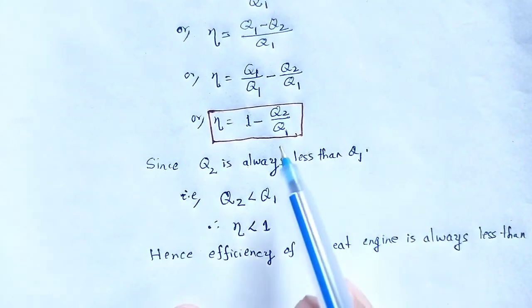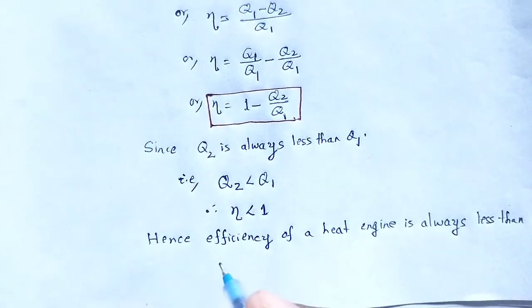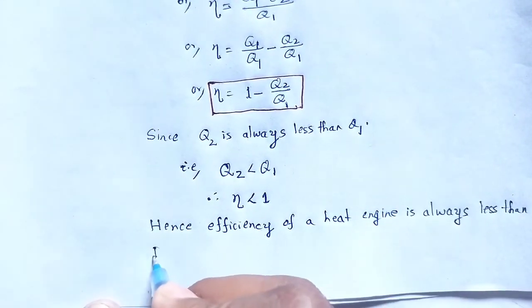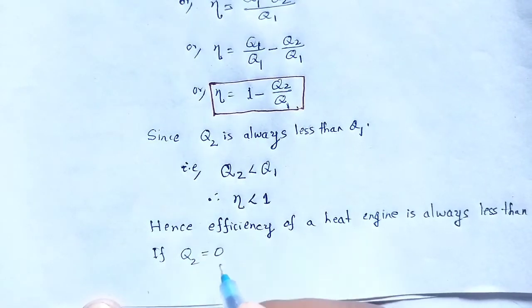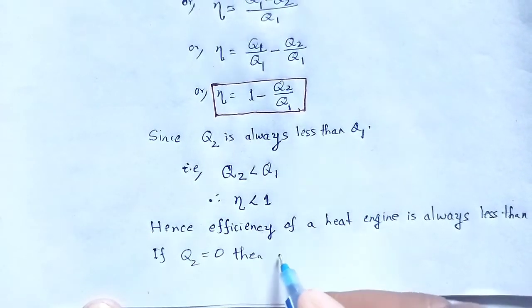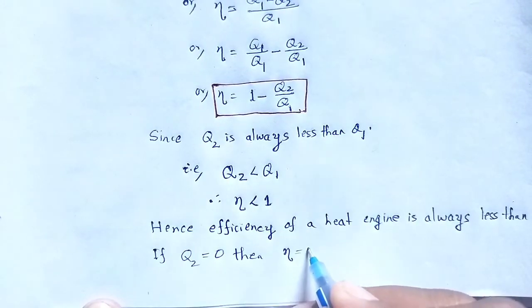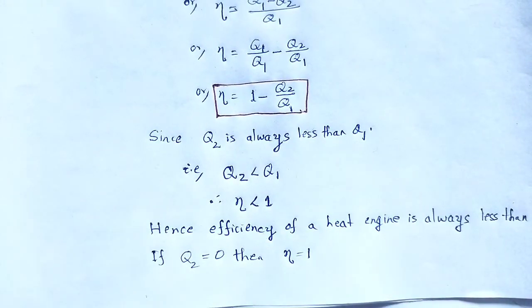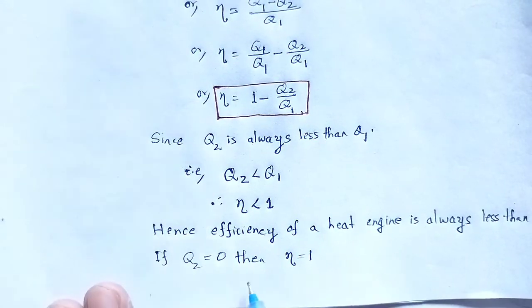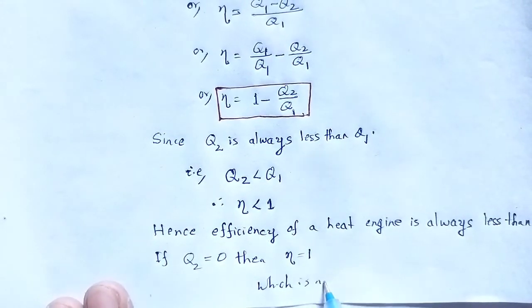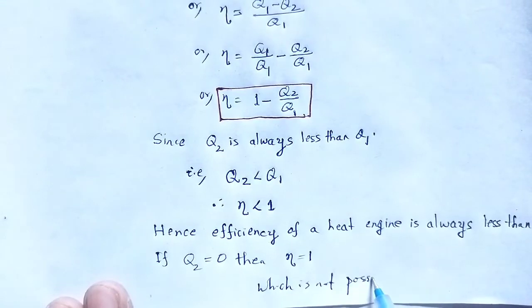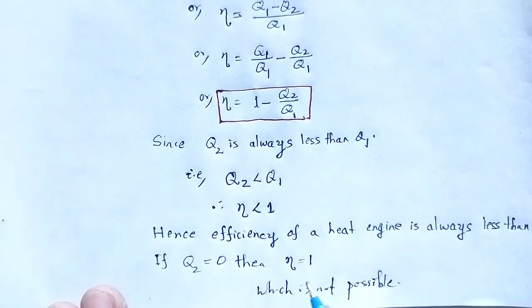Again, if Q2 is equal to 0, then eta will be 1, meaning 100% efficiency, but practically that is not possible.